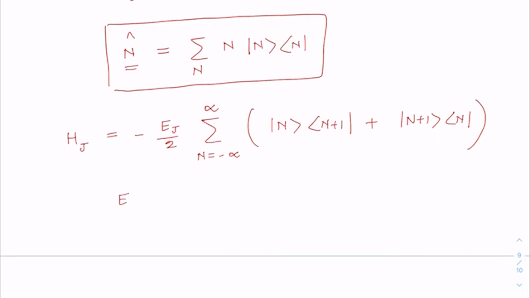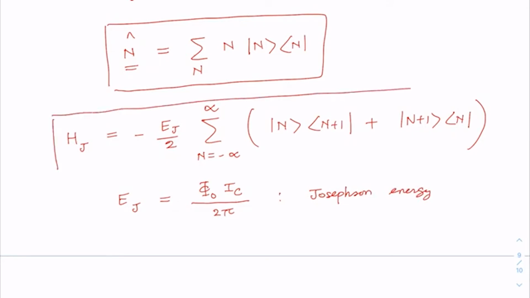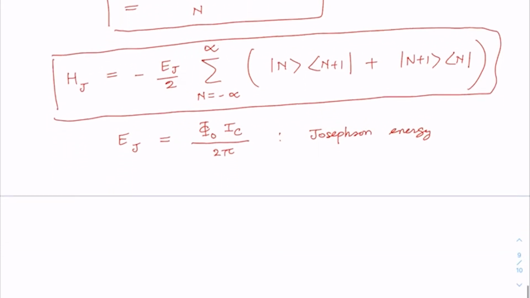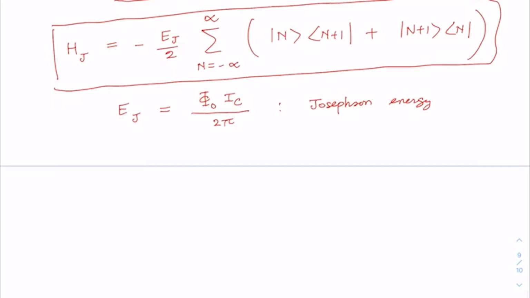And here Ej is the Josephson energy, and it is basically given by the flux quantum times the critical current, divided by 2 pi. This is the so-called Josephson energy. Now this Hamiltonian can be written in terms of the phase difference across the junction phi as well.